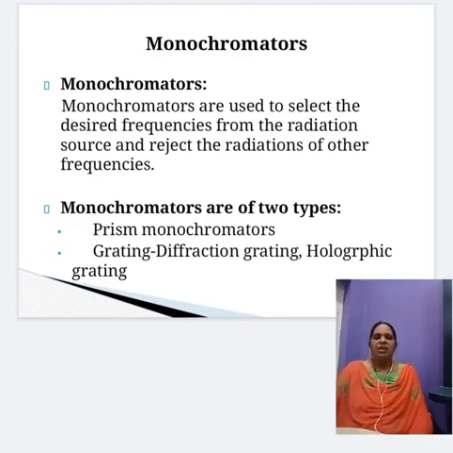It is a device used to isolate radiation of a specific wavelength or frequency. In other words, if you want a desired frequency or wavelength of radiation, you can use a monochromator.